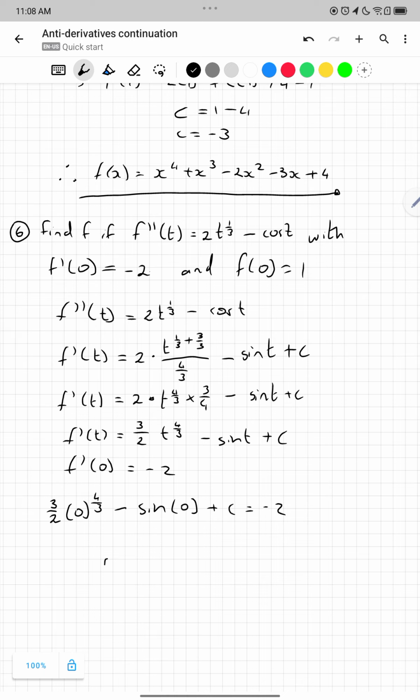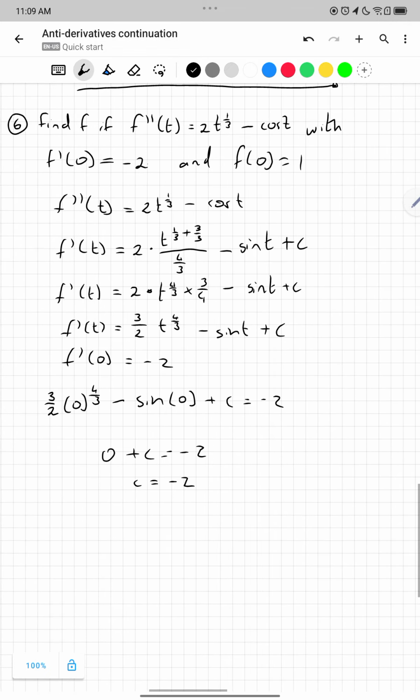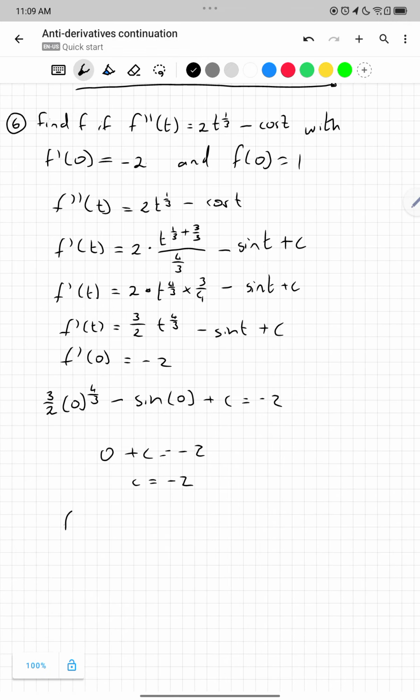So 0 plus c is equal to minus 2, that means c is equal to minus 2. Right. So our f prime of t is given by 3 over 2 t to the 4 over 3 minus sine t minus 2.